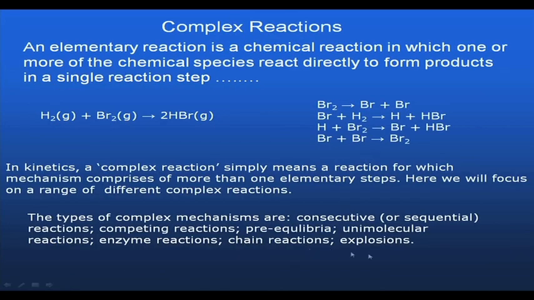Like we talked about consecutive reactions and competing reactions, today we will talk about pre-equilibria, then maybe unimolecular reactions, and how to treat these complex reactions.